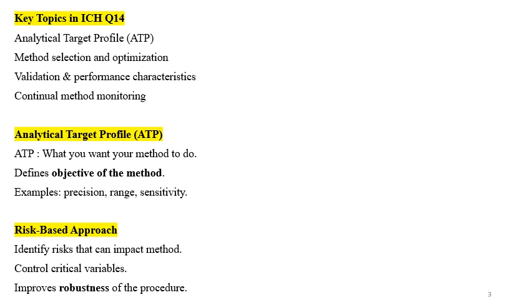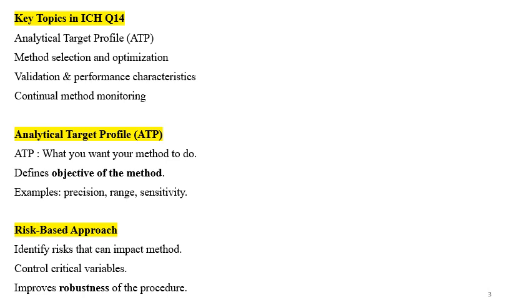Also, it provides the understanding about continual method monitoring. These are the key topics of the ICH Q14. ICH Q2 guideline is for the validation, and ICH Q14 is for the method development and method performance and method changes and method life cycle.